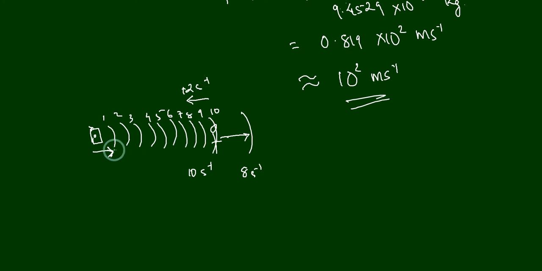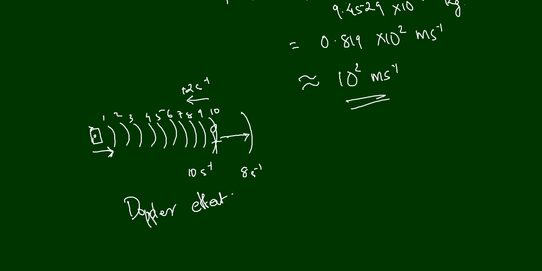And if the relative distance between you and the source is increasing, meaning the source is moving away from you, then you will hear only a decreased frequency, and this is called the Doppler effect.